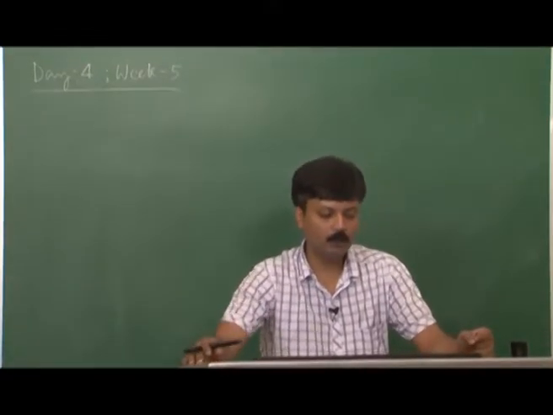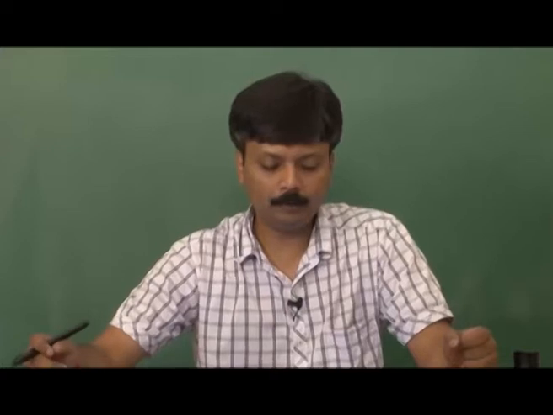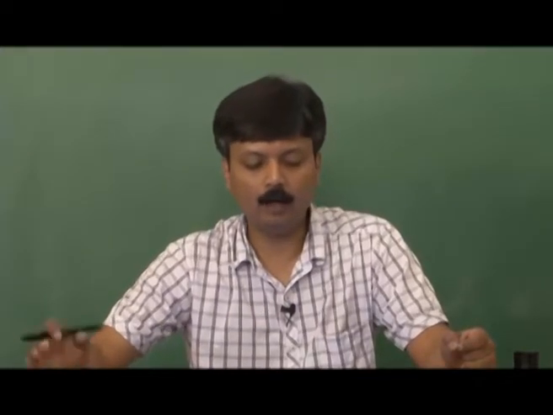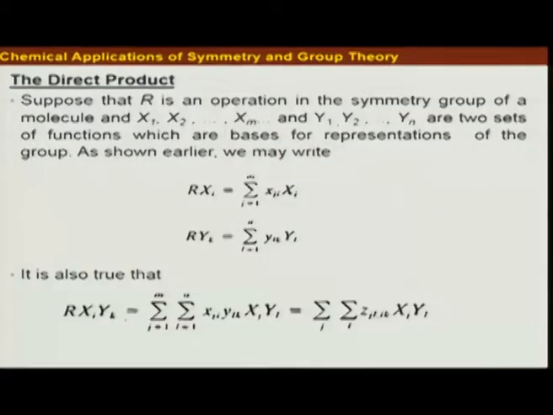detail about that. So if we take R as an operation in the symmetry group of a molecule, and x1, x2 up to xm, and y1, y2 up to yn are two sets of functions which are the basis for a representation of the group, in that case what we can write is given here.